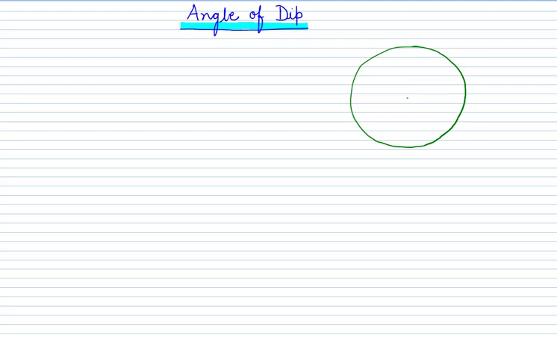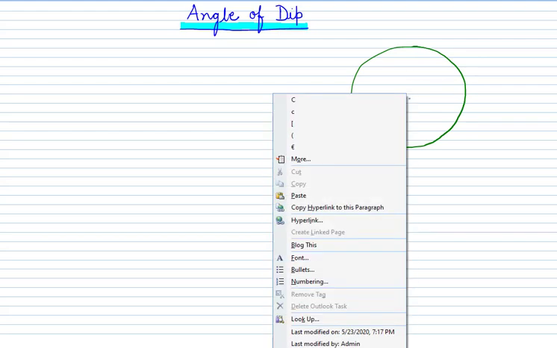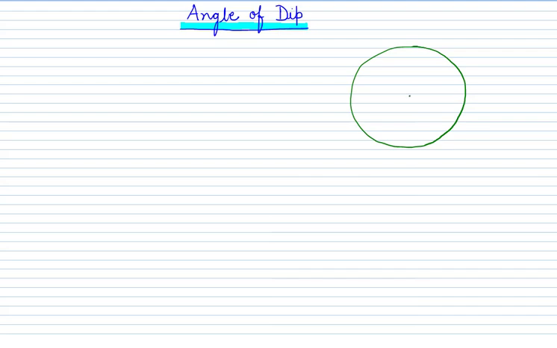So this is our earth and somewhere here is the center. Somewhere here is the center, and here I am showing a magnetic north pole.